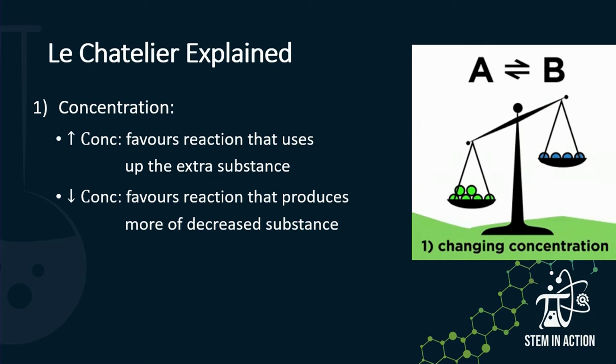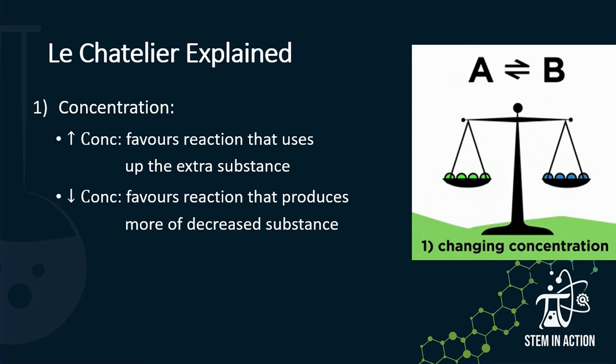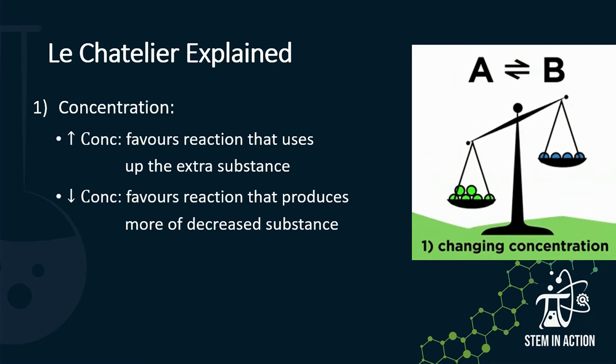So if you increase the concentration of the reactants, it will favor the forward reaction. If you increase the concentration of the products, it will favor the reverse reaction to use up the extra products. If you decrease concentration, it will favor the reaction that will produce more of the substance that you have decreased.